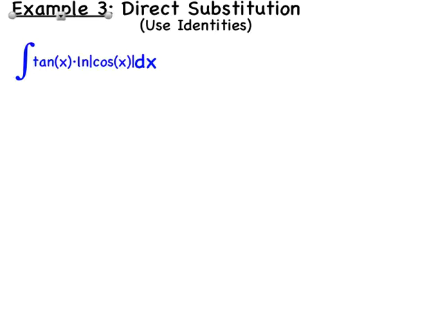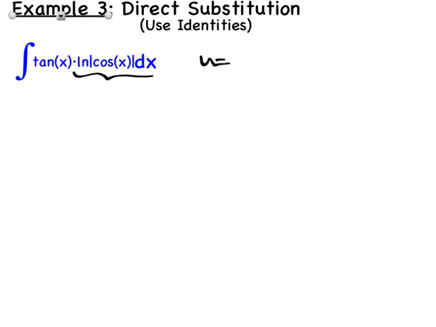So in this next example, what do you think we're going to choose for our u? If you said the natural log, that's a good choice. It's a good place to start. So we're going to let that be our u. And again, we're going to need to use that derivative of log rule.